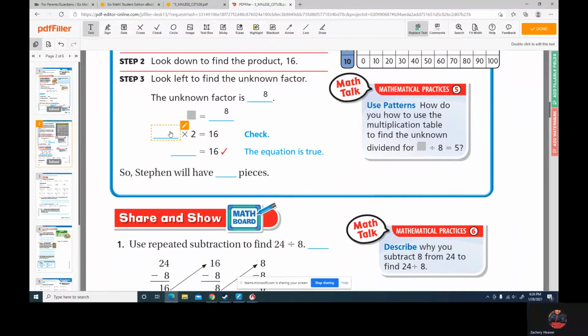We know that 8 times 2 is 16. So Stephen will have 8 pieces. Okay.